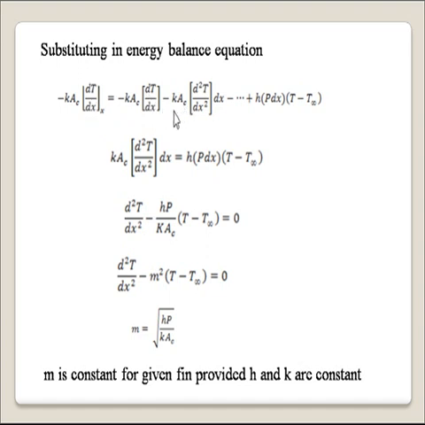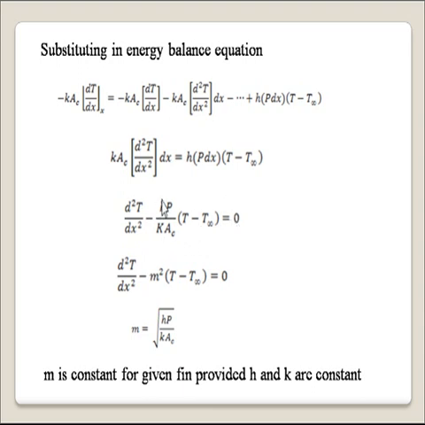Then remaining we have Kac d square t by dx square dx equal to hp dx (t minus t infinity). Now transferring Kac to this side and cancelling dx and further rearranging, we have d square t upon dx square minus hp upon Kac (t minus t infinity) equal to 0.